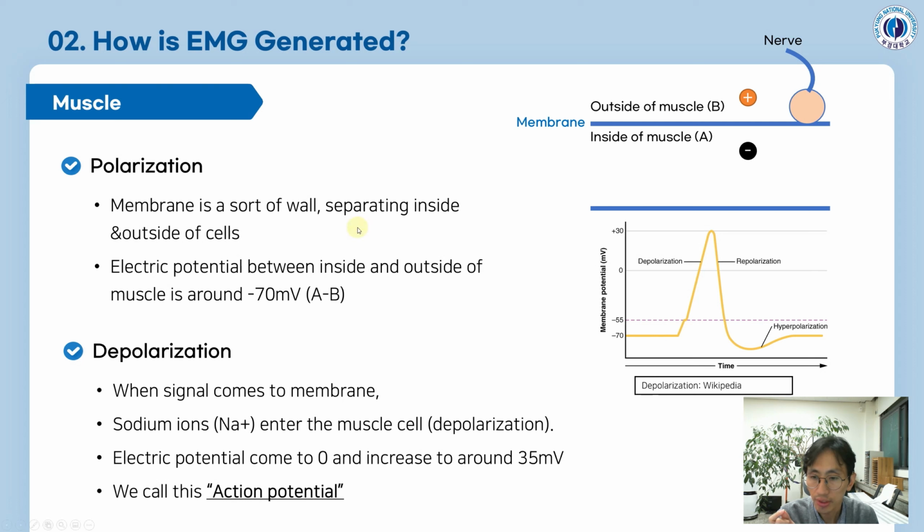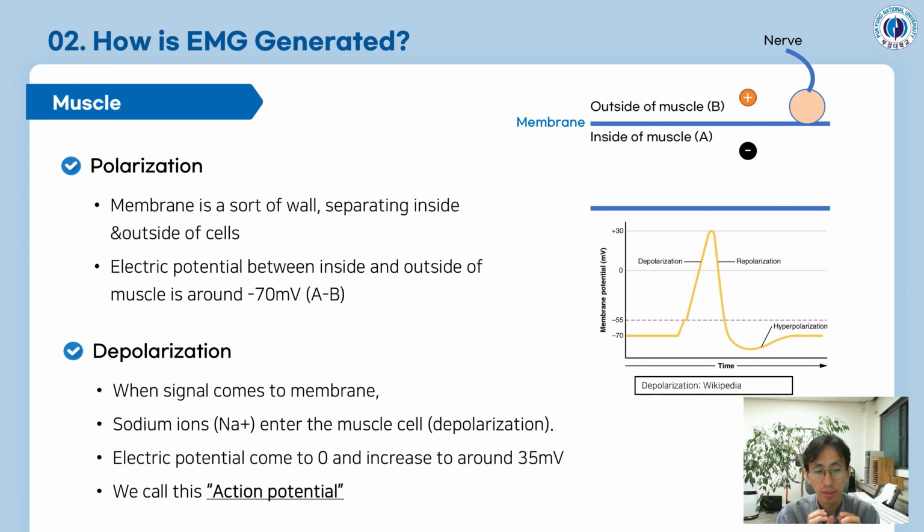Polarization means the potential difference between the inside and outside of the membrane, and this difference changes when the signal comes from our brain to the membrane, to our muscles.